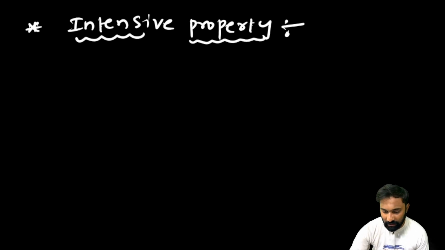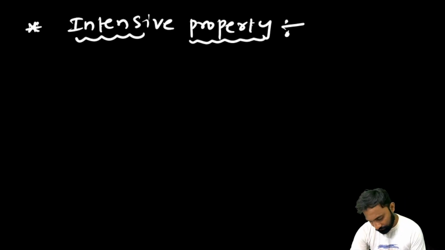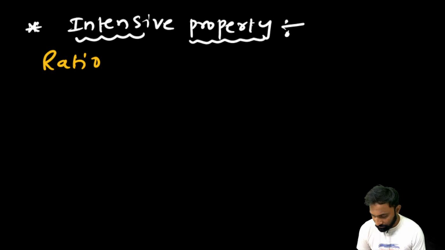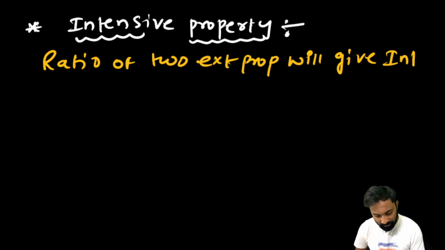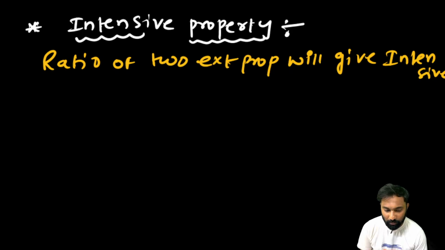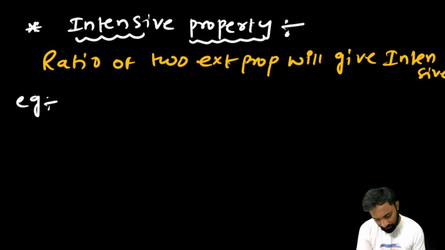Now the one key point you have to remember for the intensive property is: the ratio of two extensive properties will give an intensive property. First example is density.